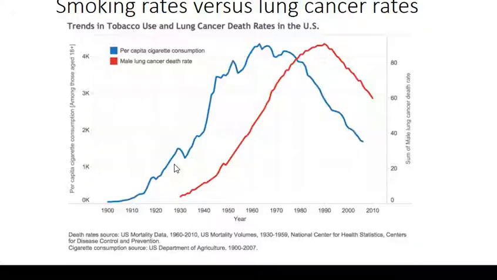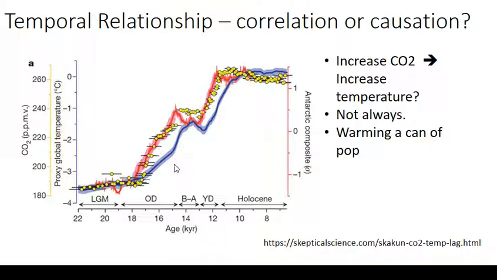But as far as what's going on with CO2, sometimes the level of CO2 can increase before the temperature, and sometimes the temperature responds to the increase in CO2. So what's happening there? You don't get this nice clear-cut picture like we do with smoking.